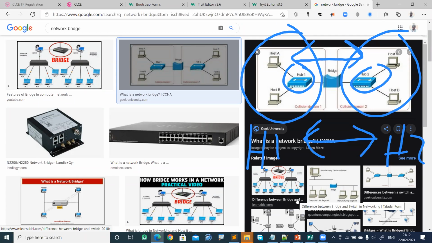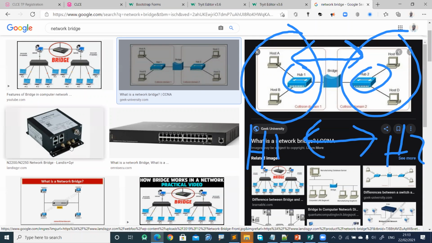Instead you buy a bridge, because a bridge has few ports, like you can see on this one. You can even just use the two of them, one to go in this direction, the other one to go in the other direction. That's all. That's the job of a bridge.